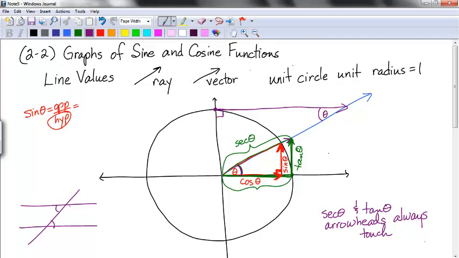Alternate interior angles are equal. So now we're looking at this larger triangle and we're looking at this as theta. In terms of that angle, this would be the adjacent side and this would be the opposite. You don't have to label those, I'm just trying to show you. This is the adjacent over the opposite, but the opposite's 1. So this adjacent is cotangent. And there should be an arrowhead right here.